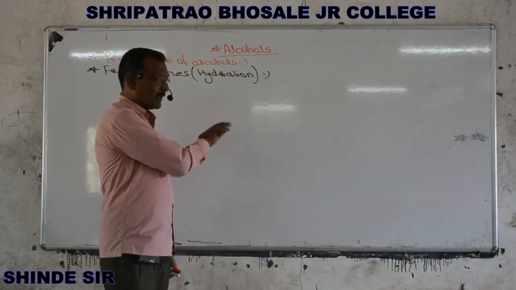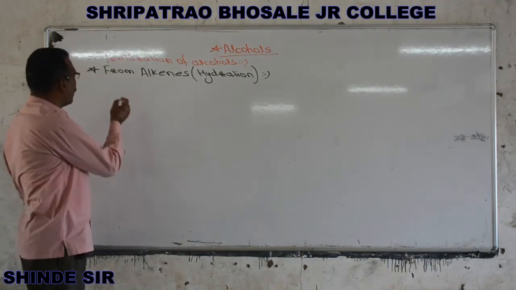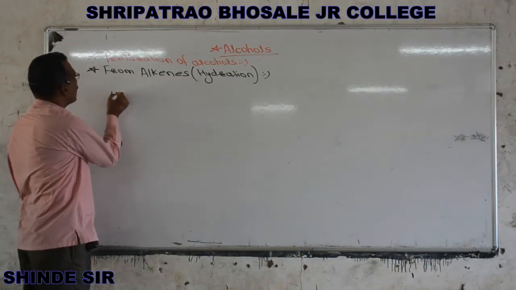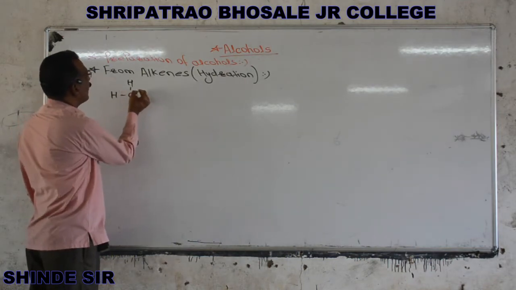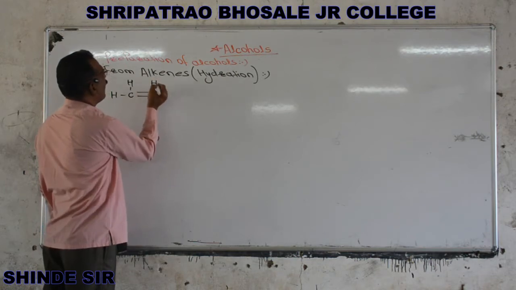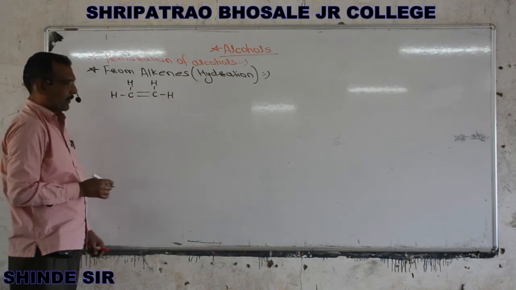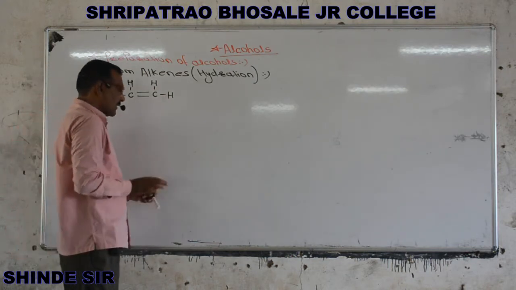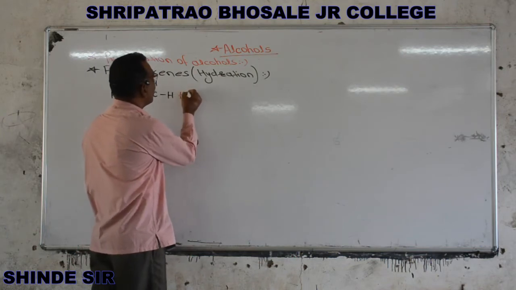Again I will revise this reaction. I will take one example. Consider the alkene ethene. Now this ethene is treated with cold and concentrated sulfuric acid.